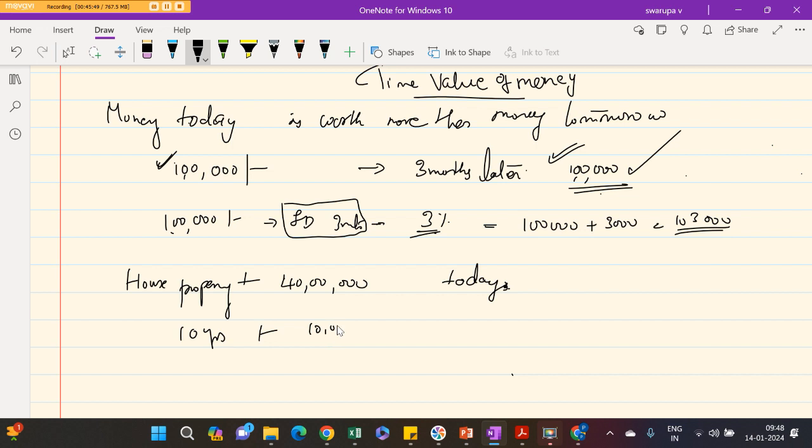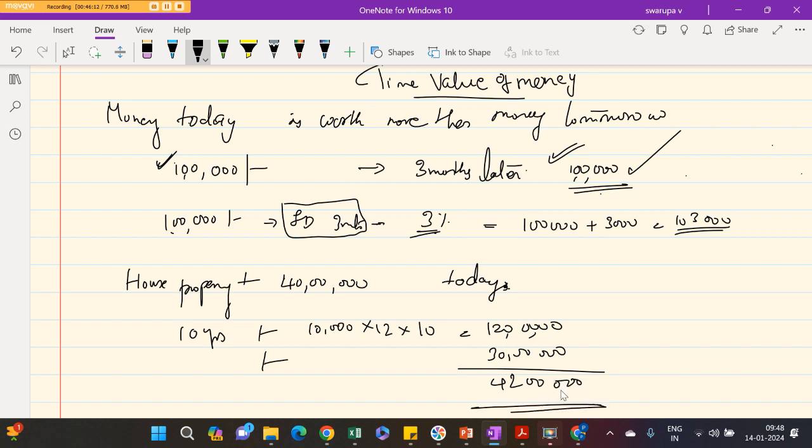So it is 10,000 for 12 into 10, so it is 12 lakhs. I'll get 12 lakhs. And then at the end of the 10th year, I will sell the house for like 30 lakhs, because it will get depreciated. I will get 42 lakhs.